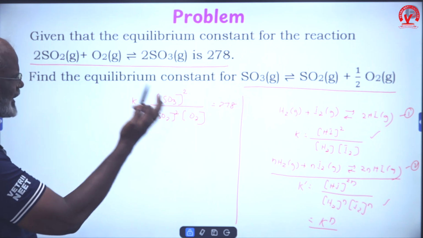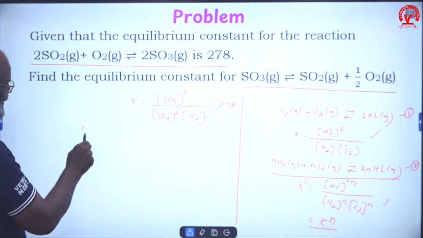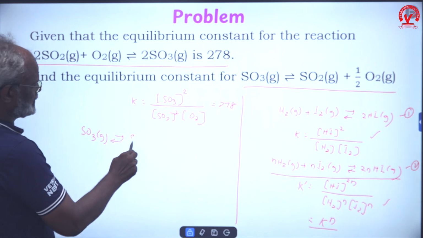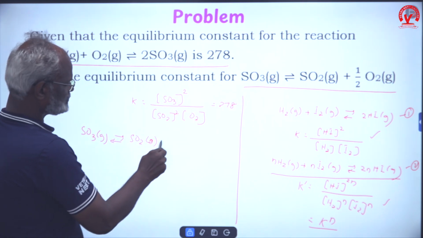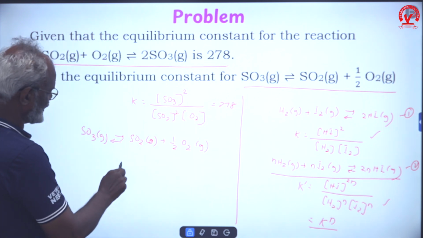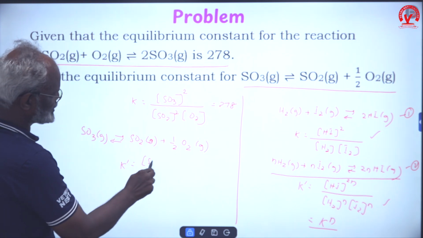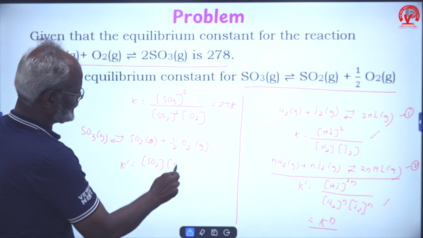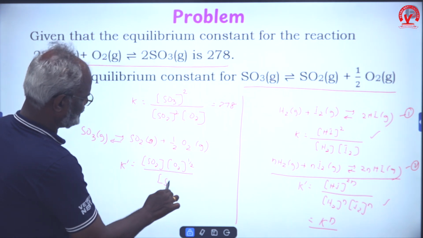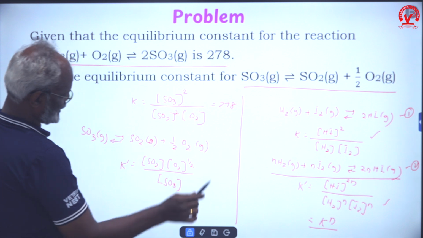So now what has been asked is for this equation, SO3 gas reversible SO2 gas plus half O2 gas. You write K dash for this. K dash is SO2 in the numerator, then O2 power 1 by 2, divided by SO3, that's all.